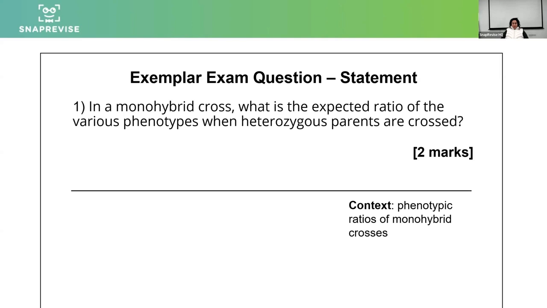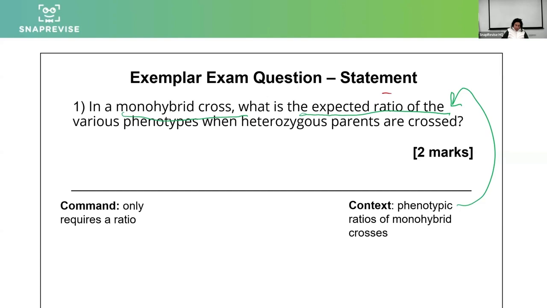So our context is the phenotypic ratios in a monohybrid cross. My command word is ratio, so I only want a ratio.